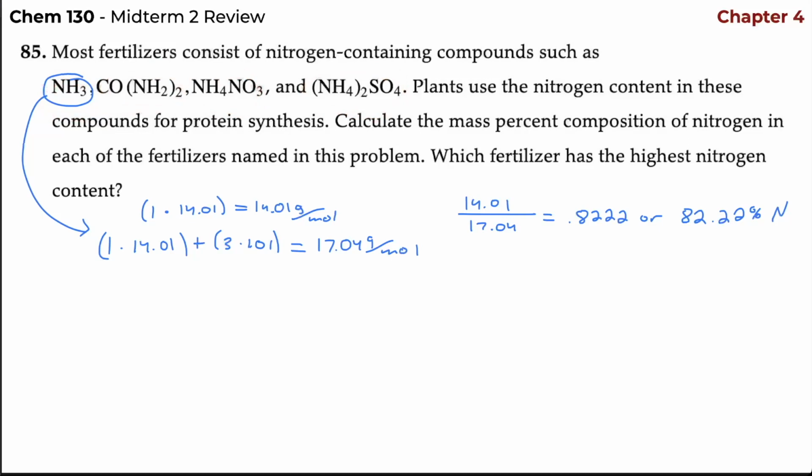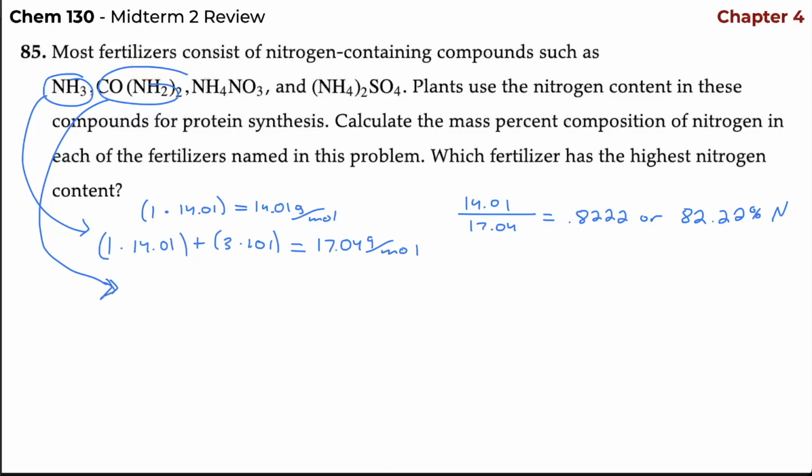For this one, it's a little more complicated because in the first one there was only 1 nitrogen, but in this one there's one that's multiplied by 2, so there are actually 2 nitrogens. We have to account for that.